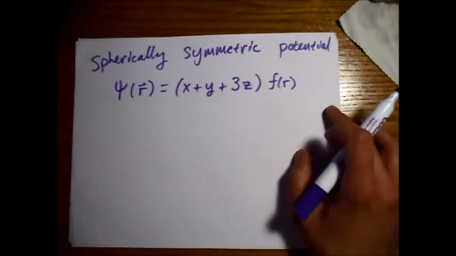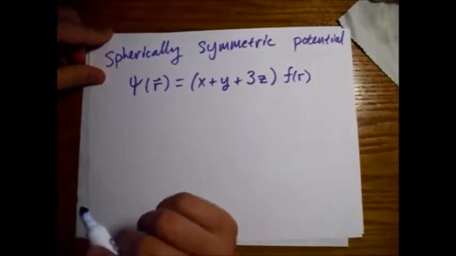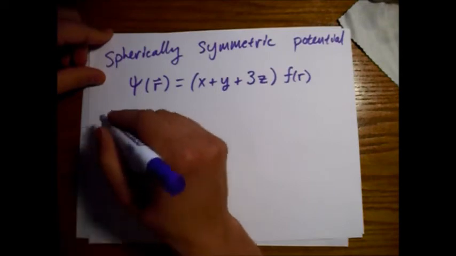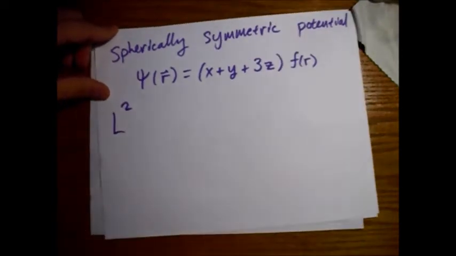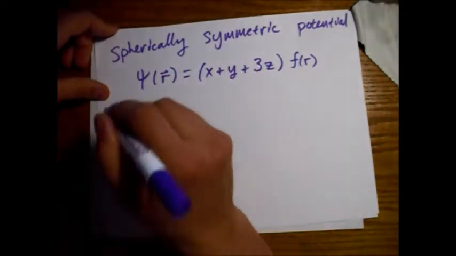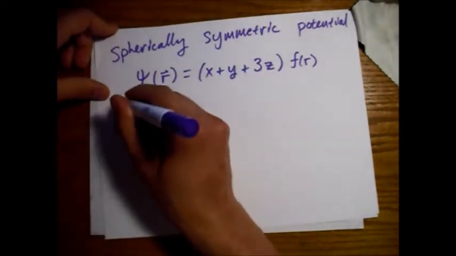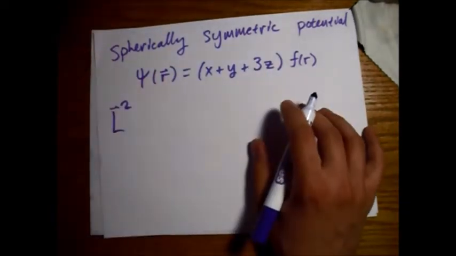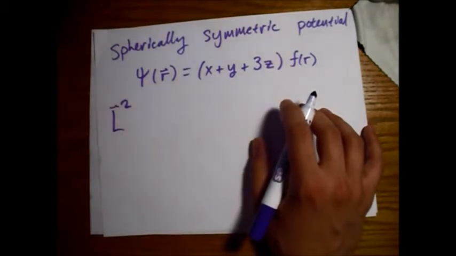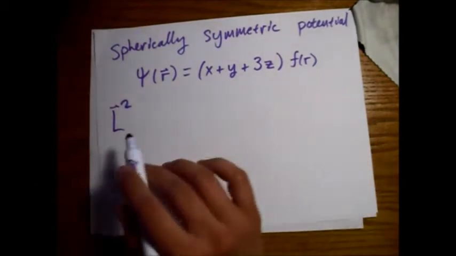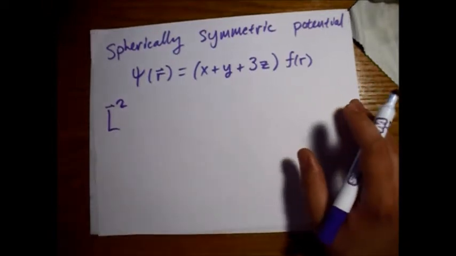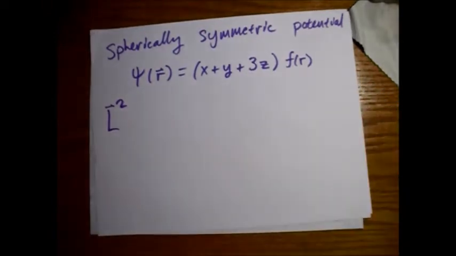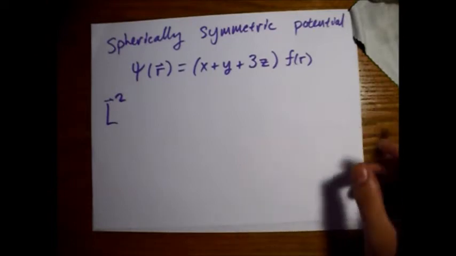And we're going to ask whether this is an eigenfunction of the operator L squared. I guess we can put a vector arrow on that. And if it is an eigenvector of this, we're going to ask, what are the eigenvalues, what is the value of small l?